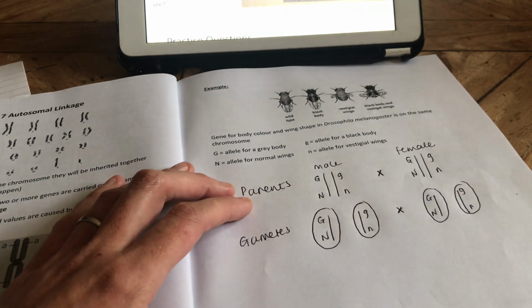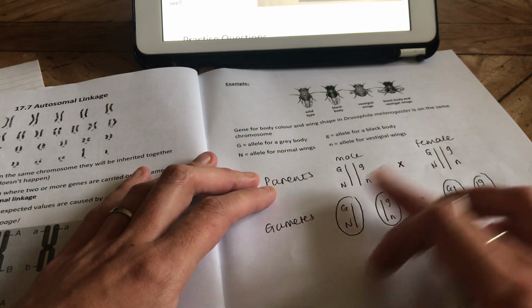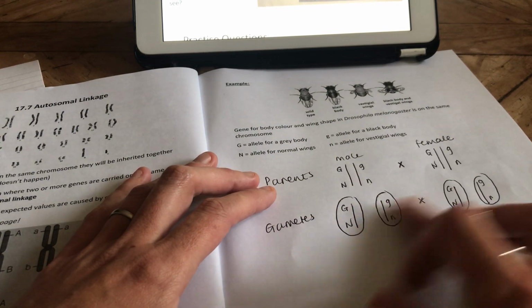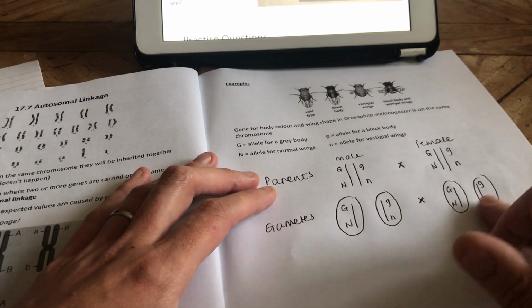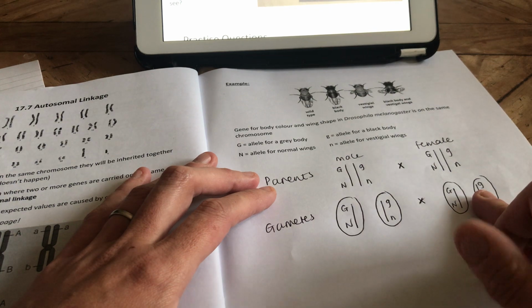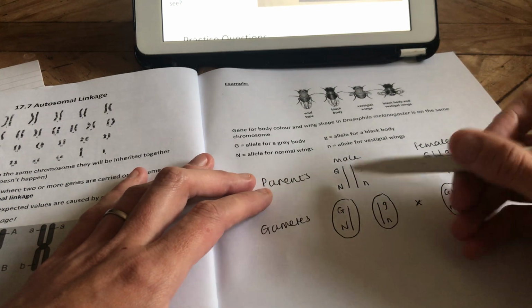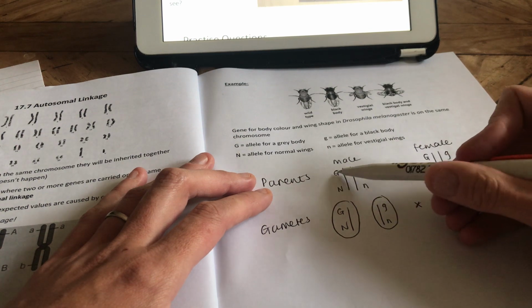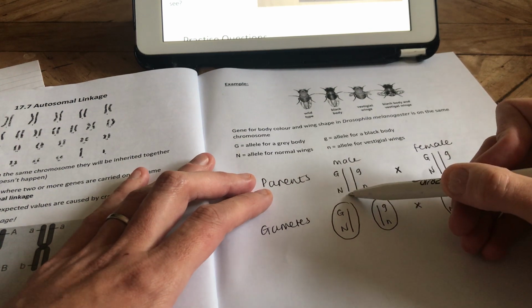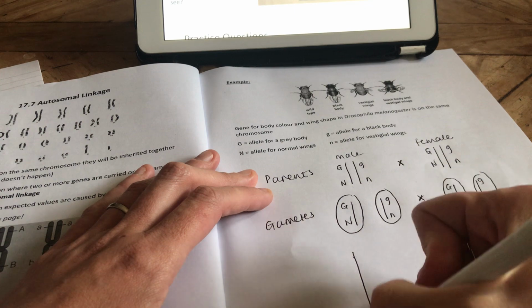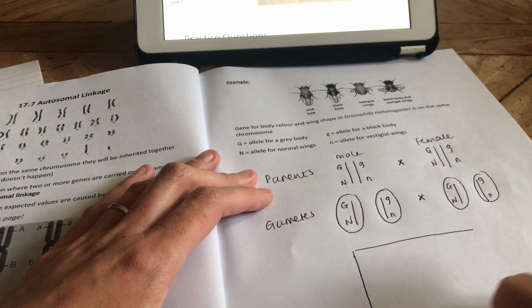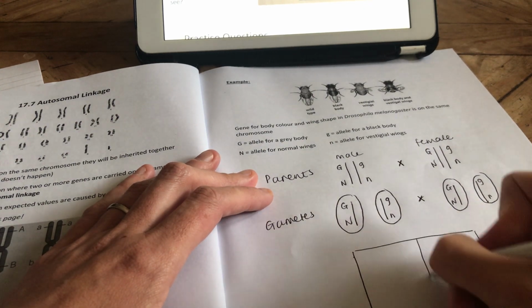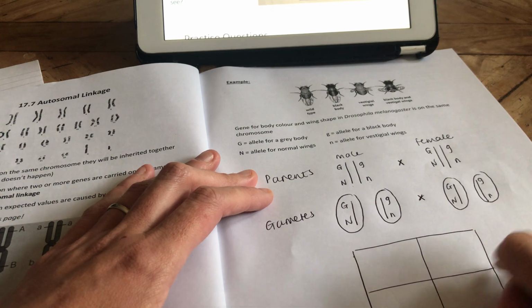Now we're going to draw a Punnett square. But unlike a dihybrid cross where we had 4 different gametes for each side, we've only got 2. There's no possible way you can get a gamete with a big G and a little n from this set. These two are glued together. So we're going to draw our Punnett square out, but it only needs to be a nice 2x2 grid.